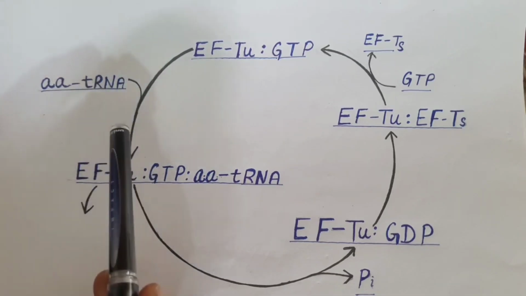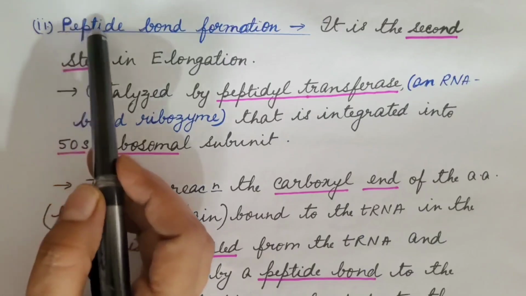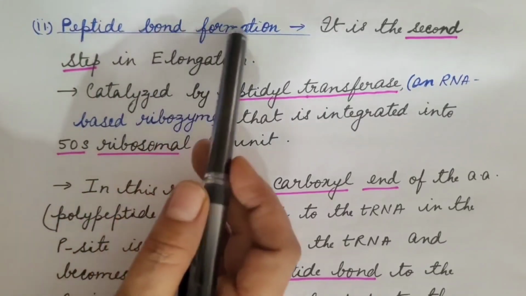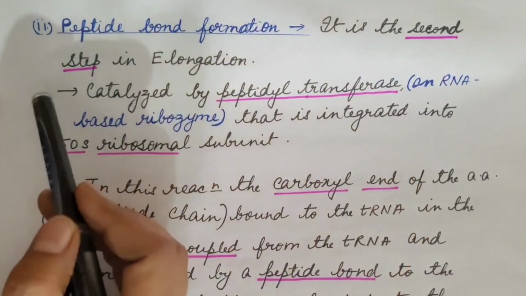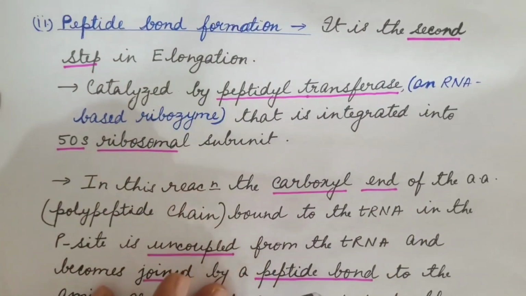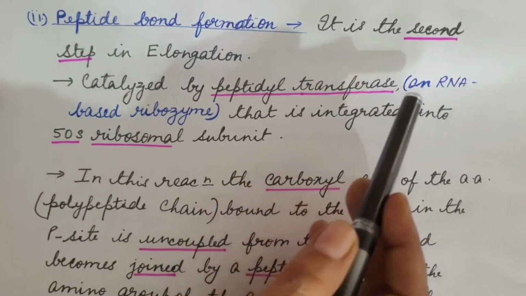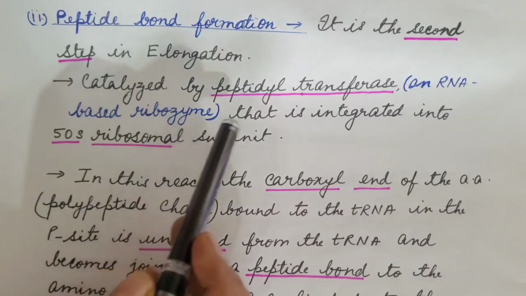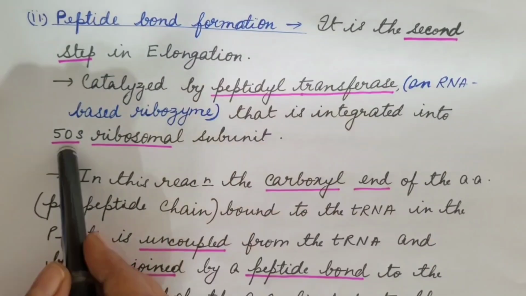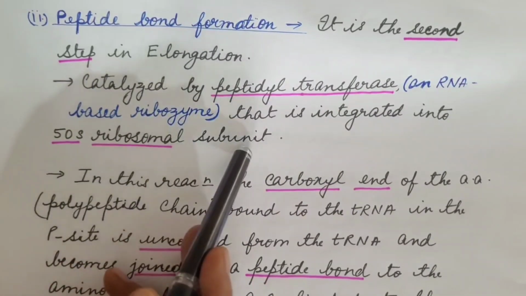And the process continues. Now the second step of elongation, that is peptide bond formation. It is catalyzed by peptidyl transferase enzyme, an RNA-based ribosome that is integrated into the 50S ribosomal subunit.